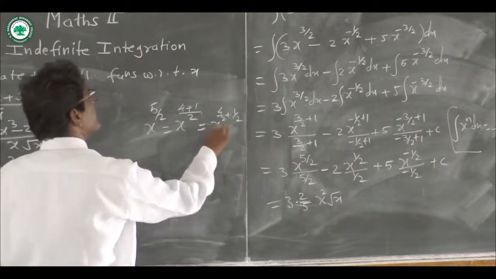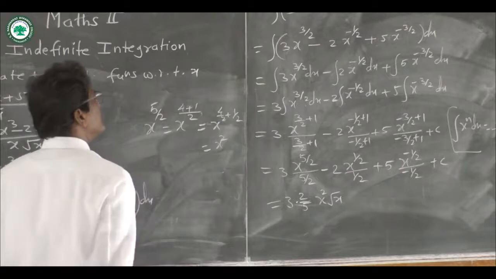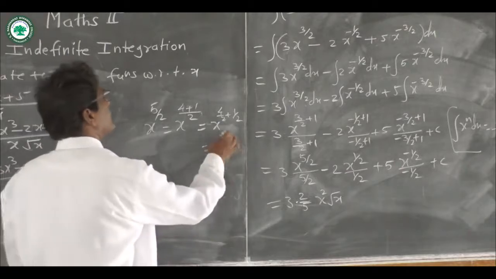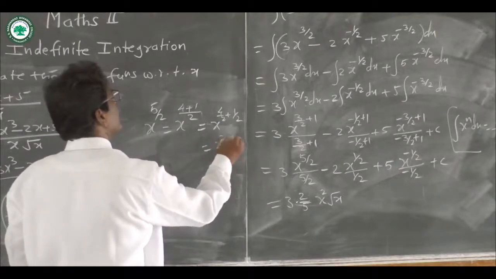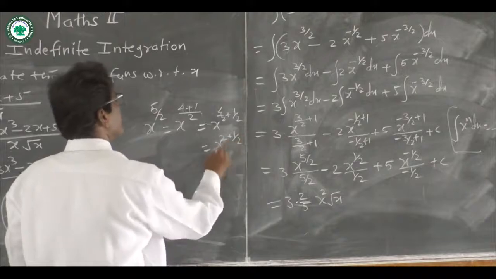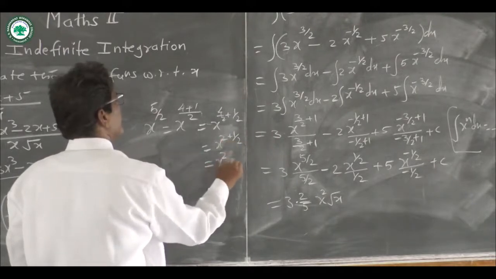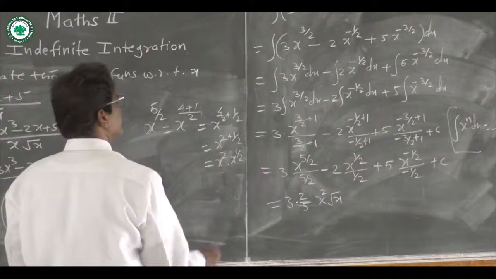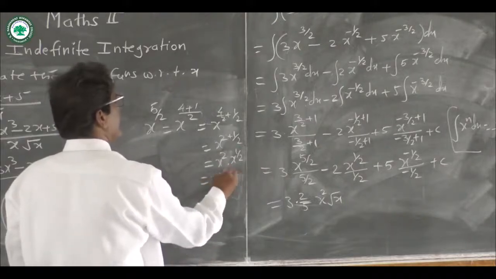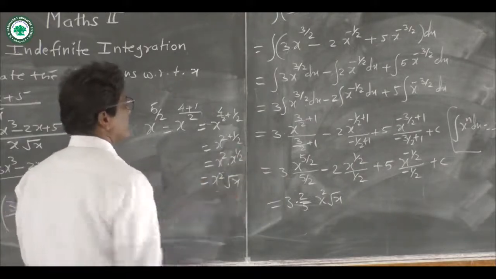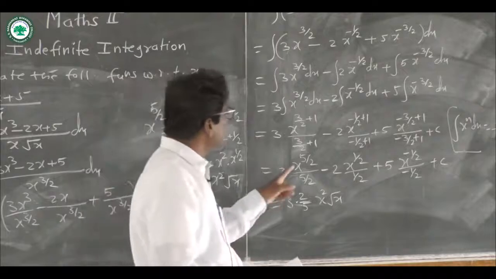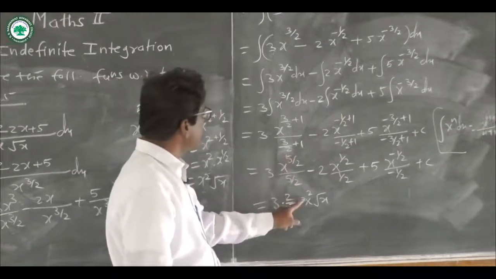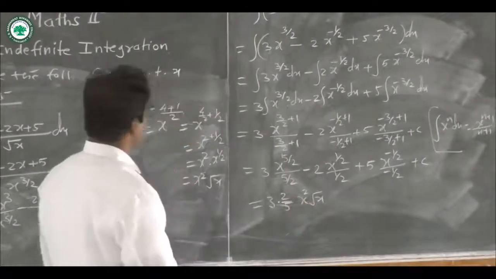Means x to the power 4 divided by 2 means x to the power 2, plus 1/2. So we separate this x square and x to the power half. x square as it is, and x to the power half we write as root x. So in this way we get x to the power 5 by 2 as x square into root x.